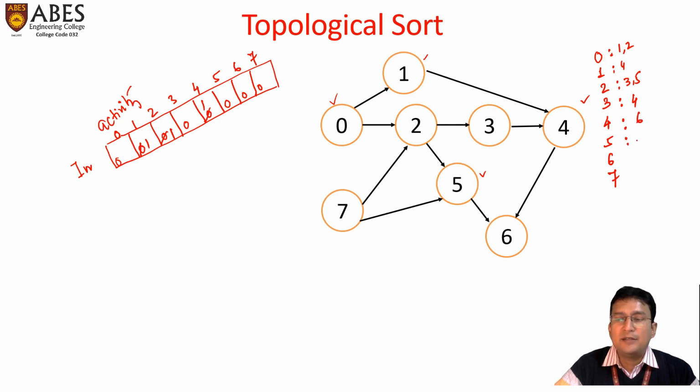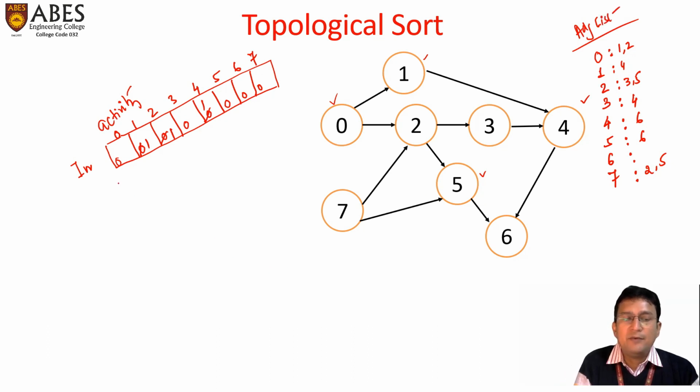From 5, the connection is only to 6. From 6, there is no connection. From 7, there are 2 connections, that is to 2 and 5. So let's count. The number of connections should be 10. 1, 2, 3, 4, 5, 6, 7, 8, 9, 10. So 10 connections are there. So this is representing the adjacency list for our graph.